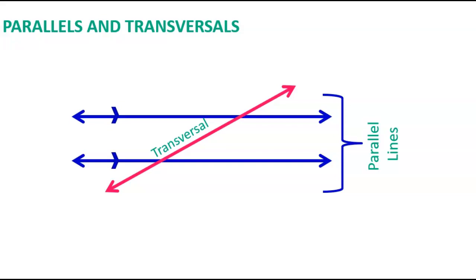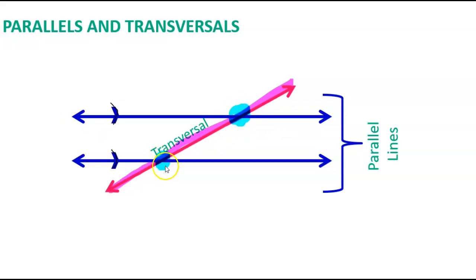Another word we're talking about is parallels and transversals. So the two blue lines, we know that they're parallel because they have this arrow. We've talked about that before, that these arrows on the lines tell us that those two lines are parallel. So the transversal, which is that red or pinkish line, is called a transversal because it is intersecting our parallel lines at two intersections.